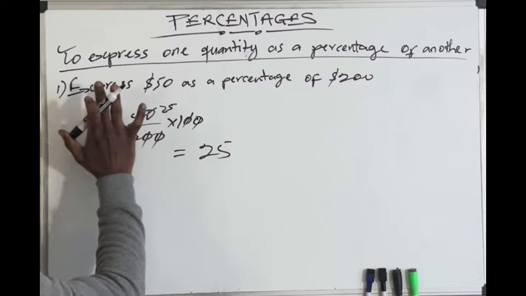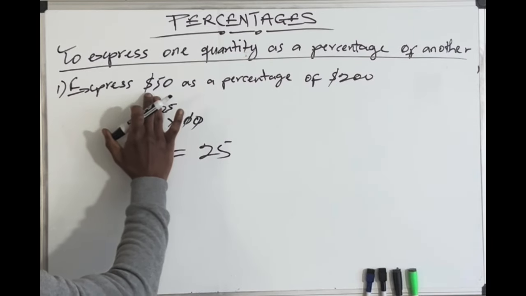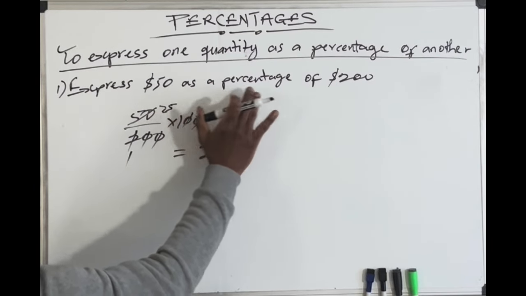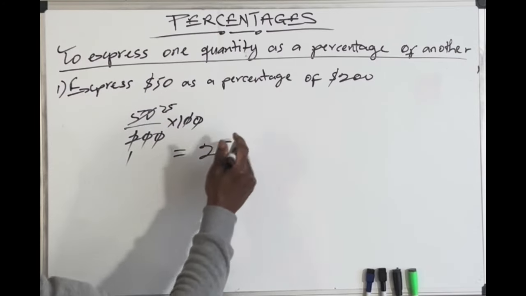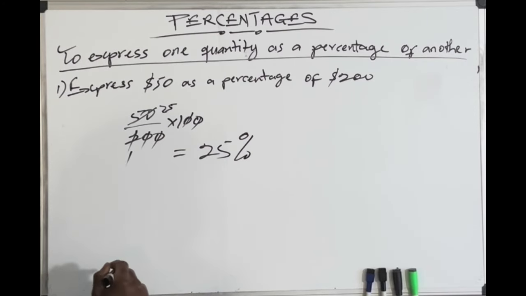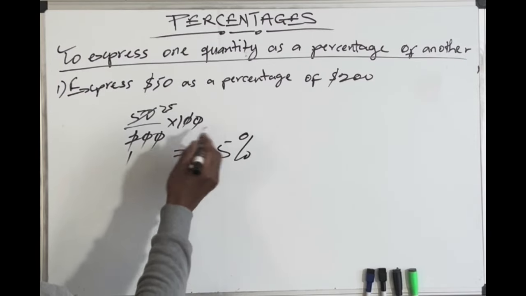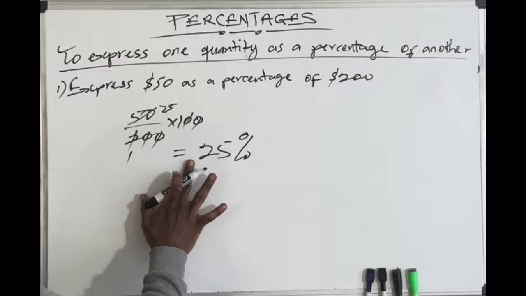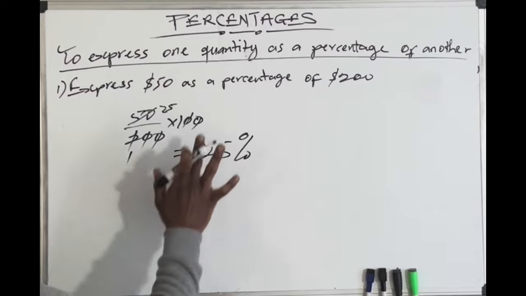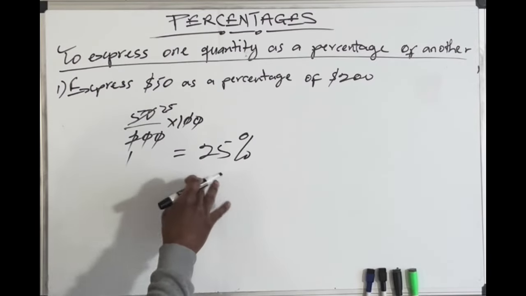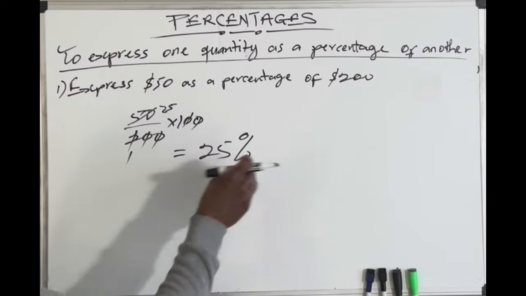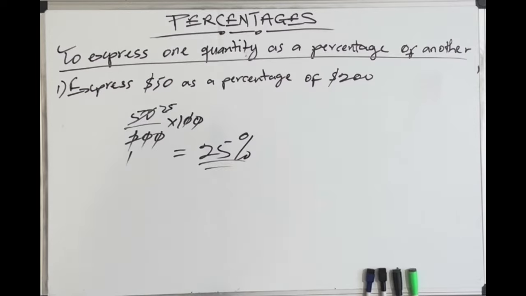The question is saying express 50 as a percentage of 200 as a percentage. So 25%. Don't get confused and then write it in dollars. Okay, as a percentage. So you have to finalize your answer in what? Percentage. So 25%.